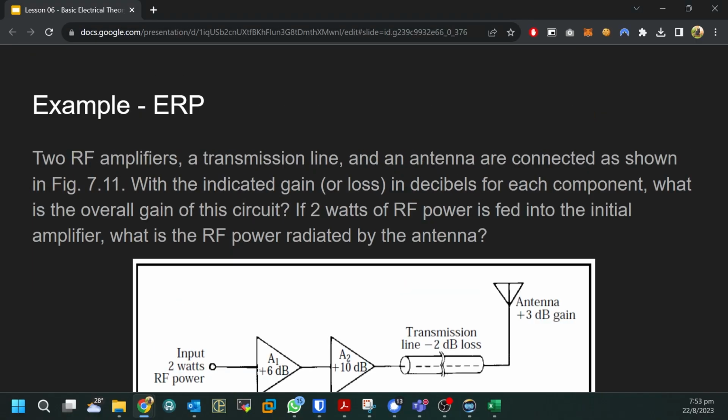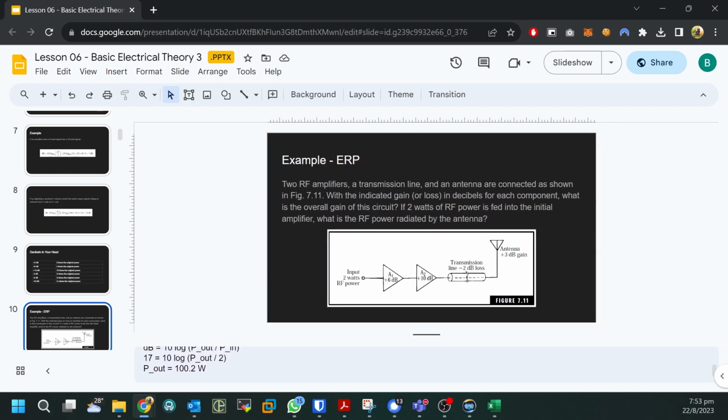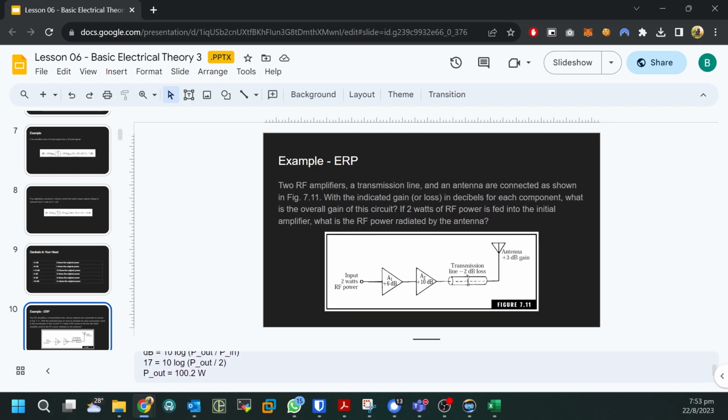What is the answer? I actually don't know. I have to calculate this. We have to do the math.